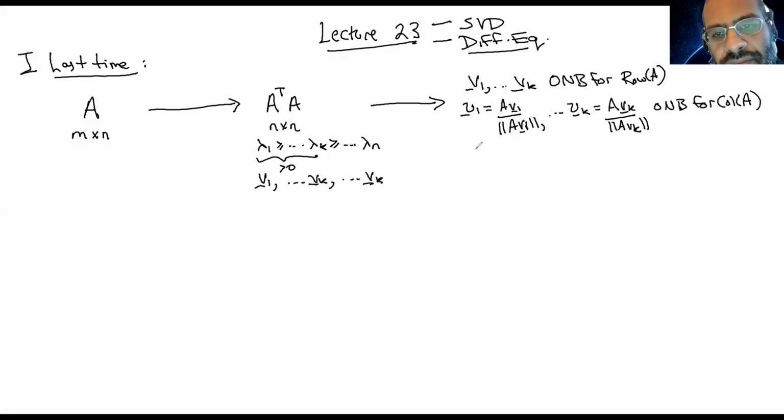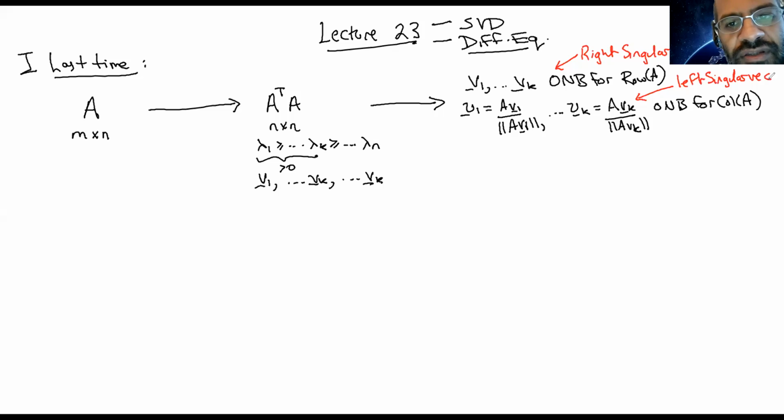And so this is very special. This is not something that just happens for any old orthonormal basis. So these vectors are important. I'll just mention the terminology. These are called the right singular vectors, and these are called the left singular vectors.